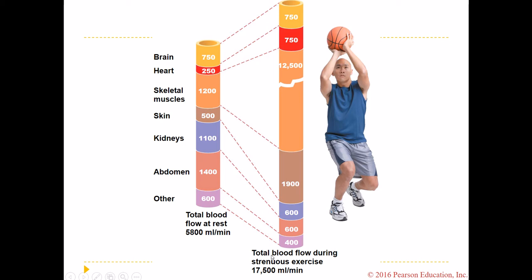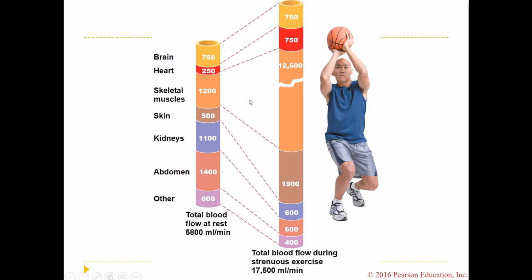But during exercise, it has gone up almost 3 times, nearly 18,000 now. In part, that's because your heart is pumping faster, so you have greater cardiac output, and so a greater amount of blood flow.